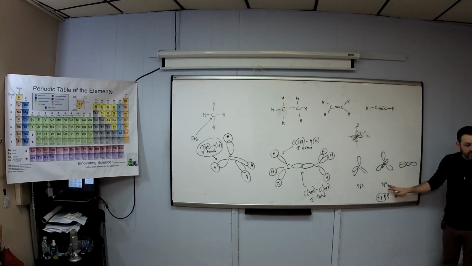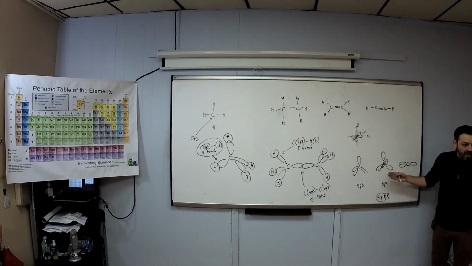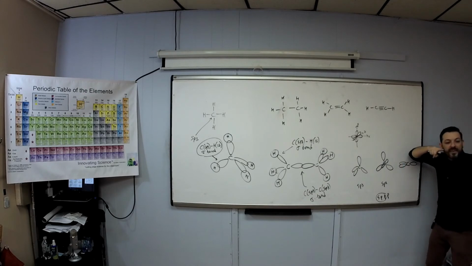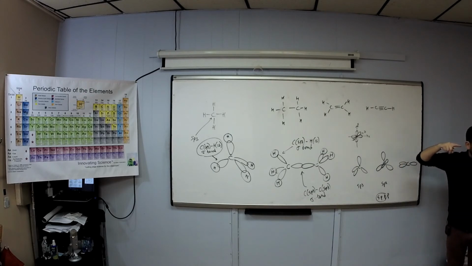But if I'm only using two of those orbitals, px and py, then my result will only be in the px and the py. The hybrid orbitals will only be in the px and the py. They'll be flat. But then there'll be that leftover pz orbital going in front and in back.